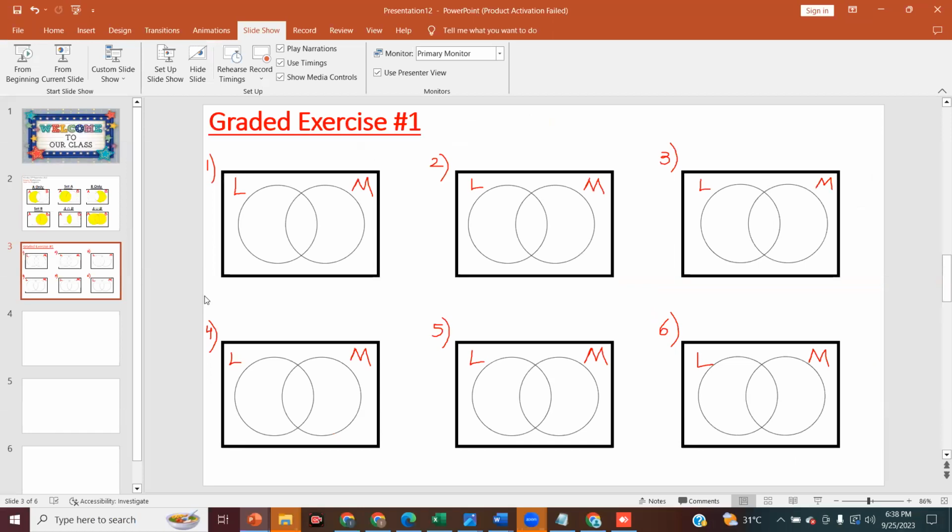The first thing I want you to do is the first one, I want the intersection, L intersect M. That's the first one I want. I could make sure that this is good.